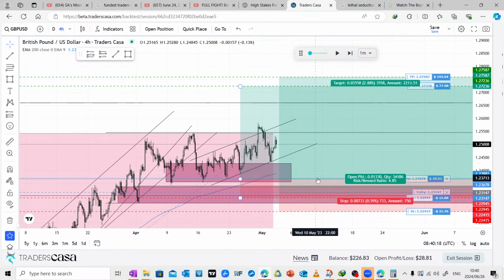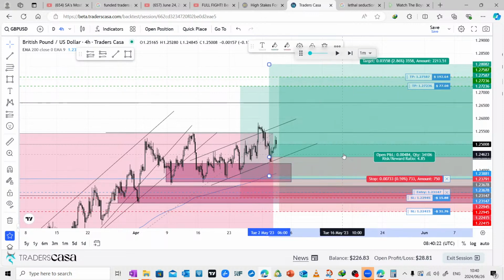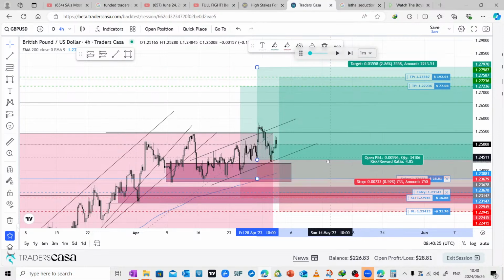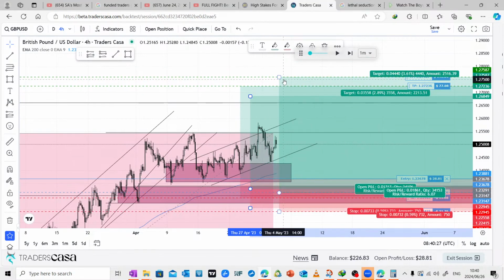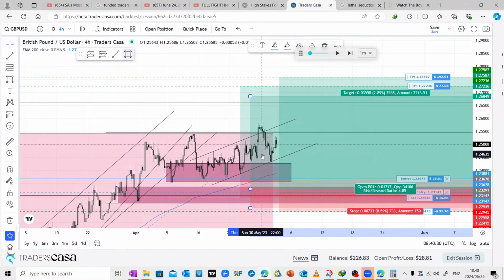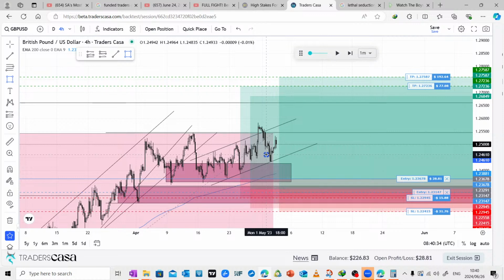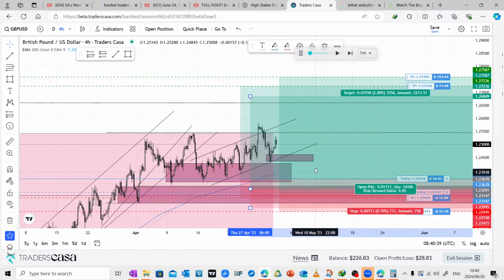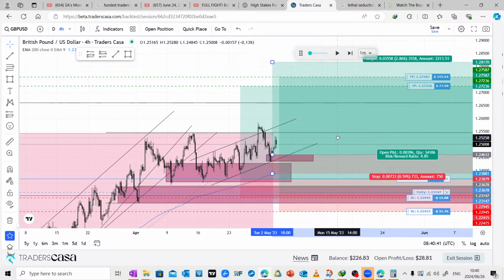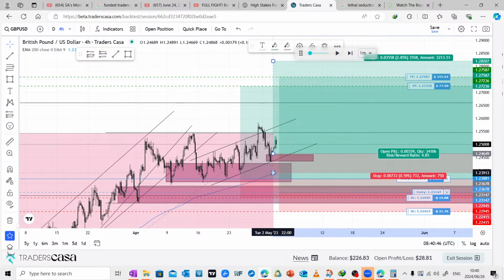So since the market was respecting, I feel like if it could come back to that bullish order block right here, the 4-hour bullish order block, because I now know the trend is in my direction, put a trade right there, put my stop just below this low.